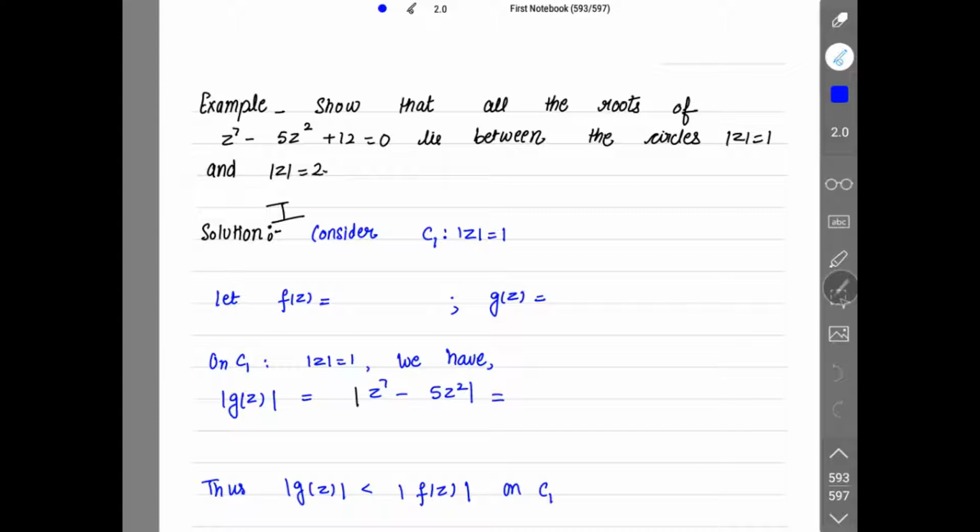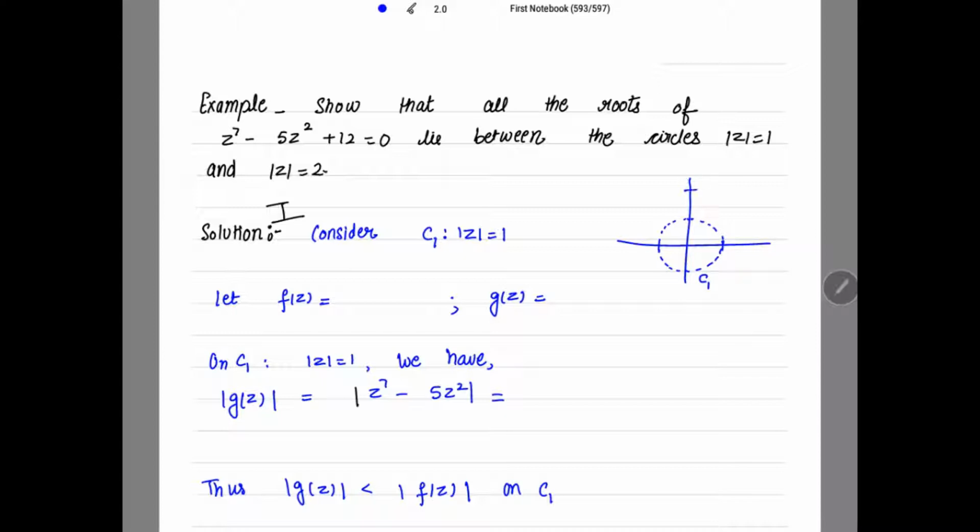So we have given these two circles. Let's draw these. Suppose this is your circle mod z equal to 1. This is your circle C1, right?